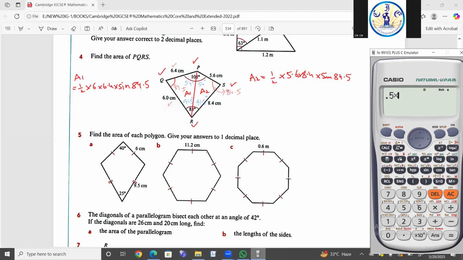0.5 times 6 times 6.4 times sine 84.5 degrees, 19.11. And for the other triangle, it is going to be 0.5 times 5.6 times 8.4 times sine 84.5 degrees. This is 23.41.